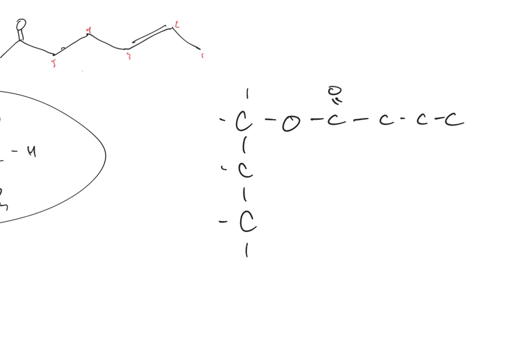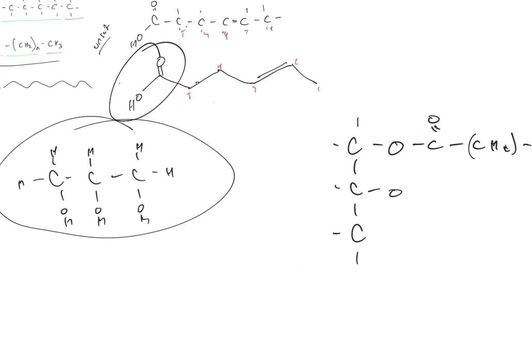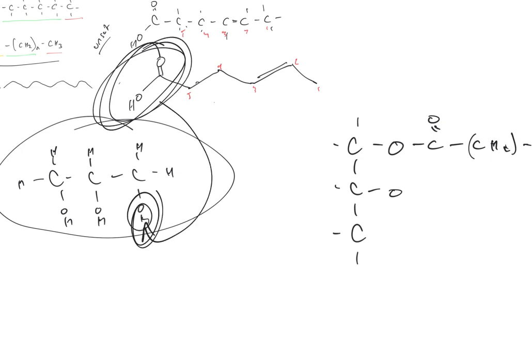C, C, C. And because I'm running out of space on my iPad, I'm going to write CH2, CH3. Okay? And remember, here's that OH, right? This OH is bonding to this OH right here.